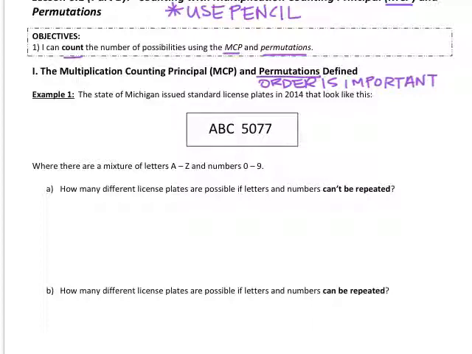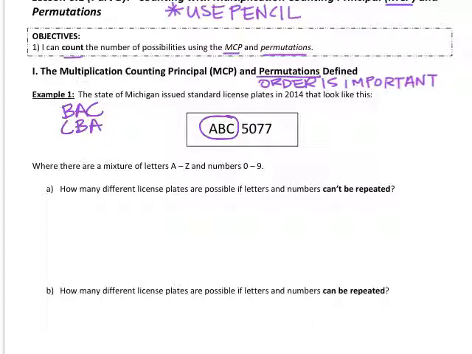Taking, for instance, the first three letters, if we have an A, a B, and a C, that's good for combination, even if we rewrite that as BAC or CBA. As long as you have one A, one B, and one C, that's considered a combination.